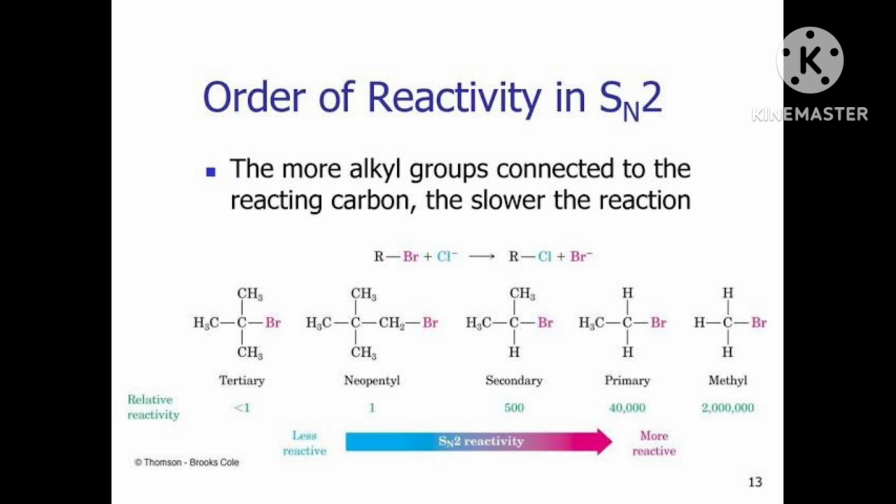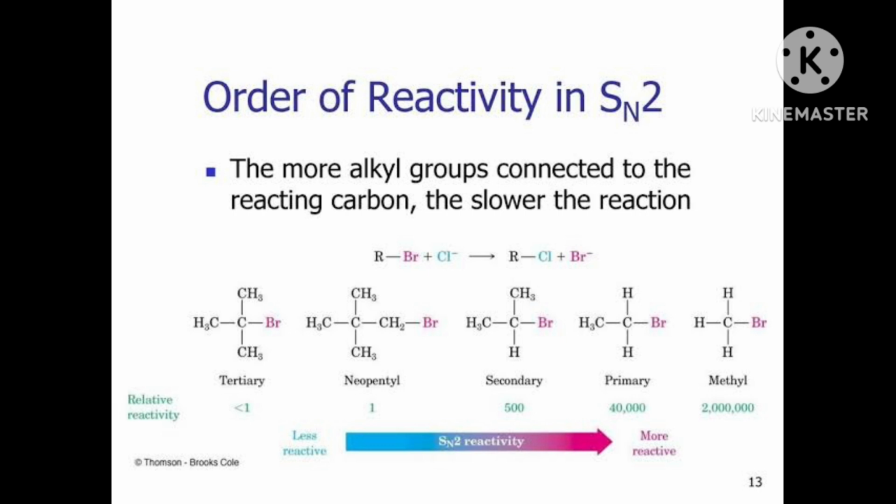CH3CH2CHBrCH3 is a secondary bromide, and (CH3)3CBr is a tertiary bromide. Hence the above order is followed in SN1.